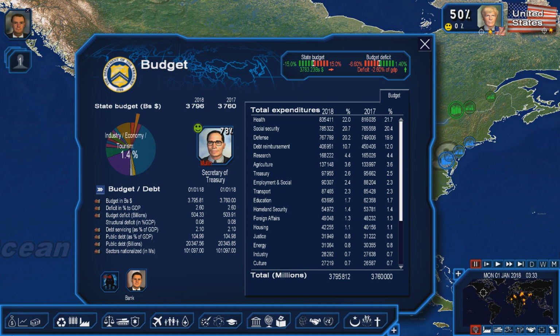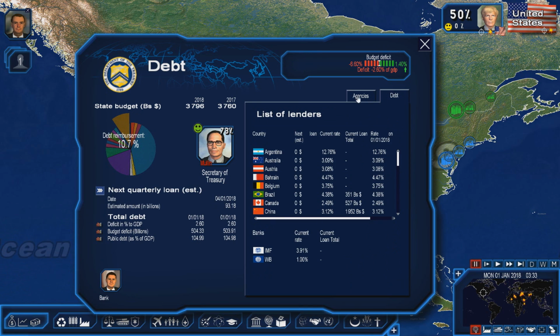Coming back to my debt agencies, this is the amount of debt that I owe to every country. I owe China the most, nearly $2 trillion. Then I owe Japan 1.5 trillion, and I owe France, Canada, and India all over $500 billion.